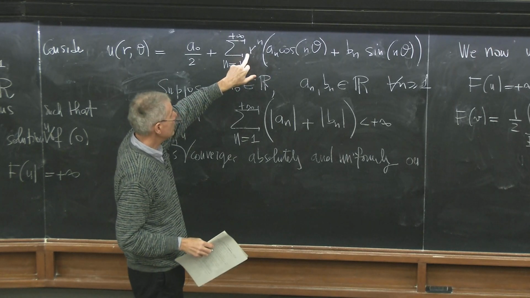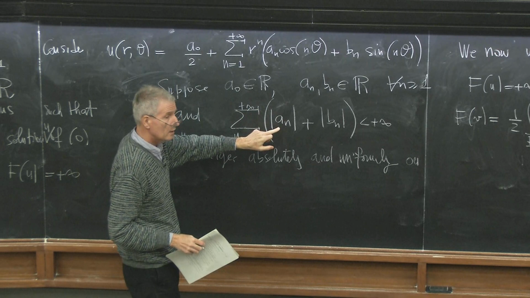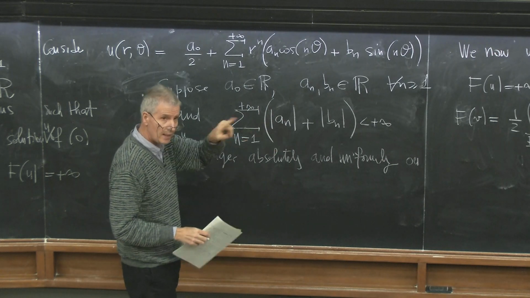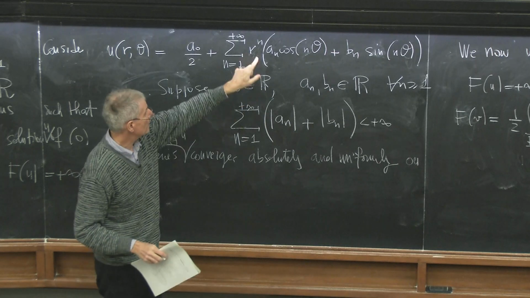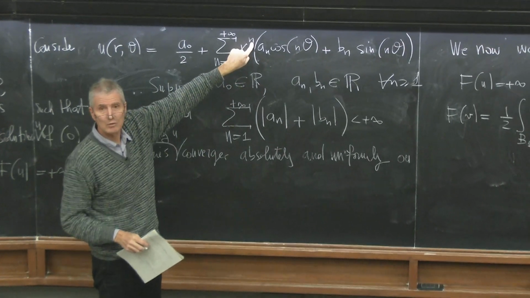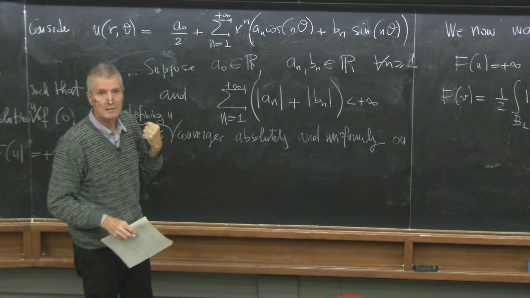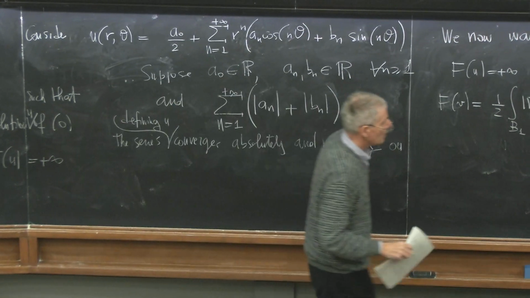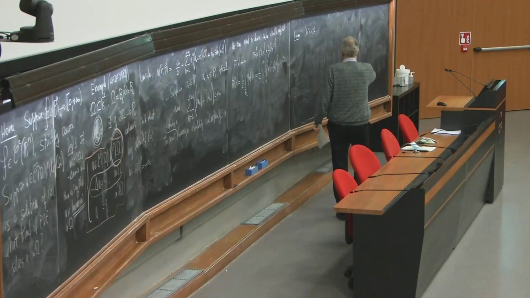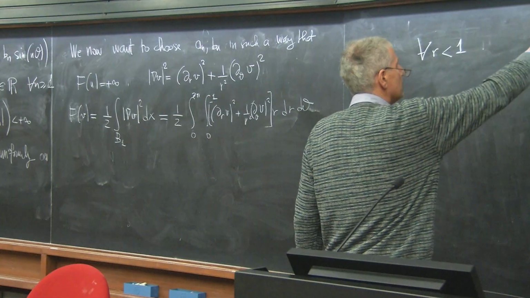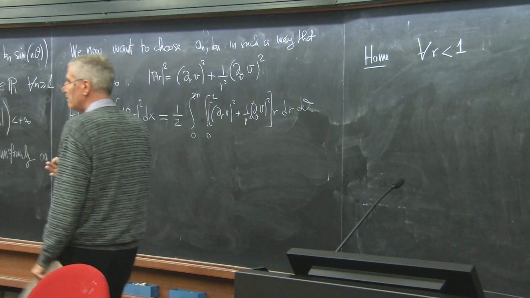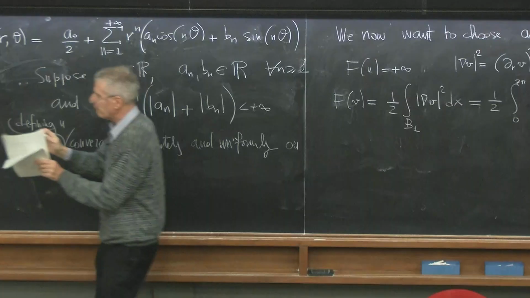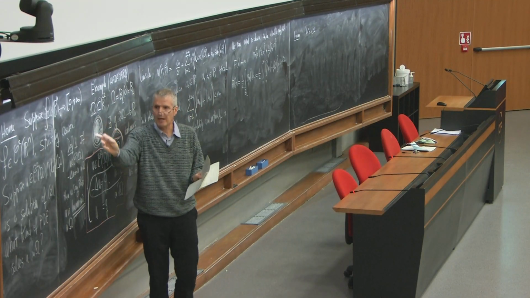And this n could destroy this convergence when r is equal to 1. When r is smaller than 1, we have this power r to the n minus 1, which makes the series convergent. So for any r less than 1, we can differentiate the series term by term as soon as we are far from the boundary, from r equal 1.